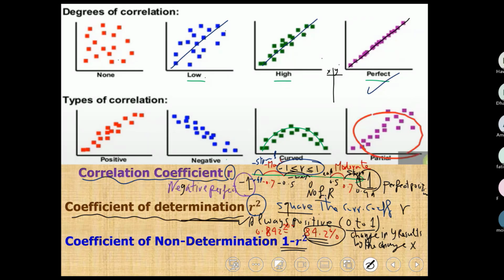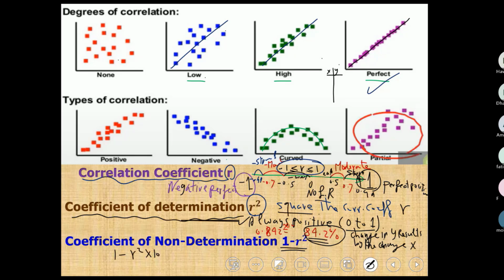Okay. As I said, the coefficient of determination is the percentage of the change in the dependent variable that occurs by the change in x. And because the non-determination is 1 minus the coefficient of determination, I have 1 minus r squared.